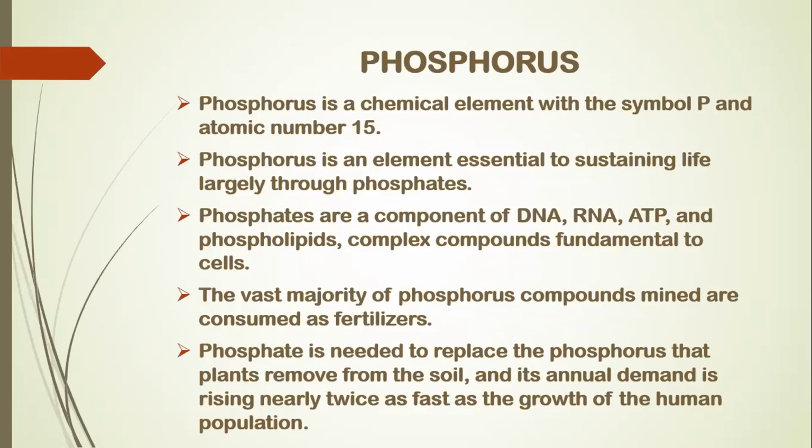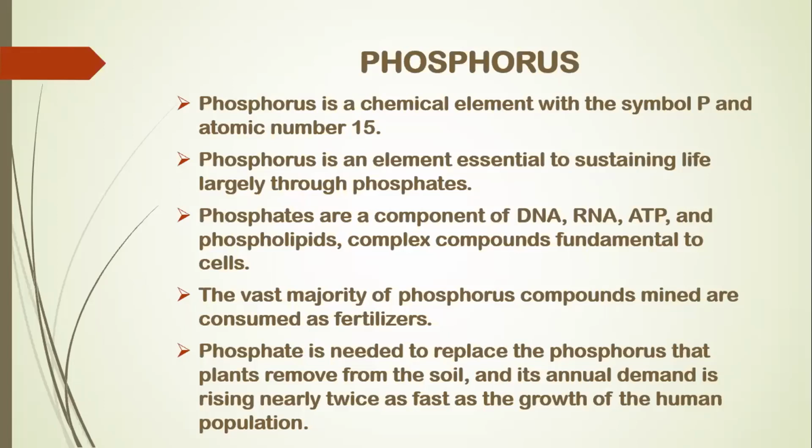Now let's talk about the element phosphorus, which is embedded in phosphate molecules. So the element phosphorus is a chemical element with the symbol P and atomic number 15. Phosphorus is an element essential to sustaining life largely through phosphates.